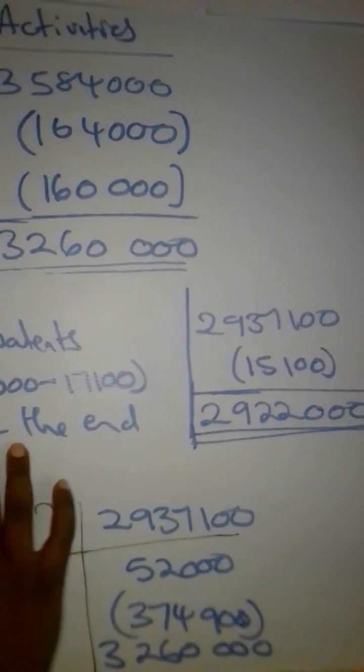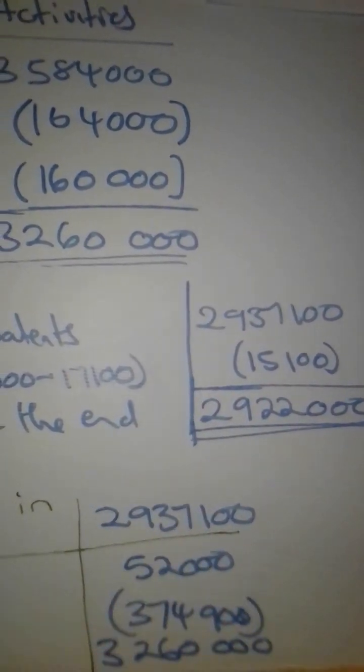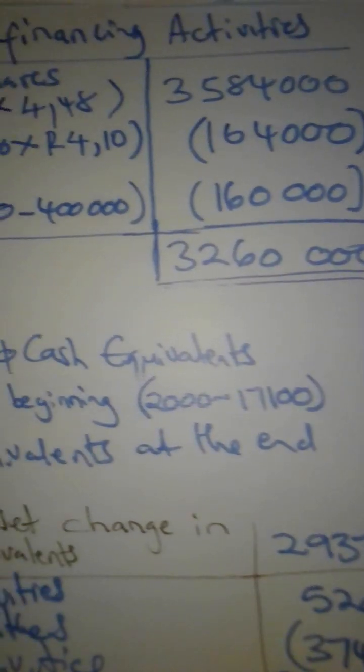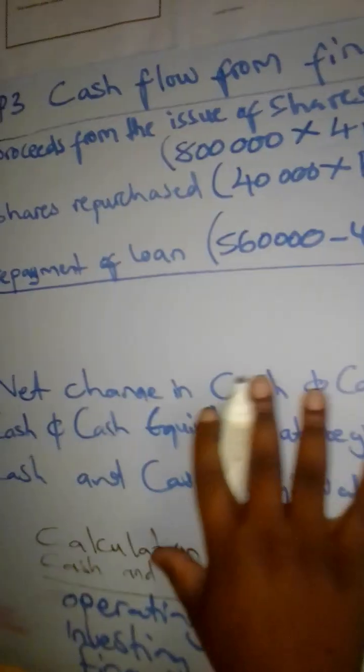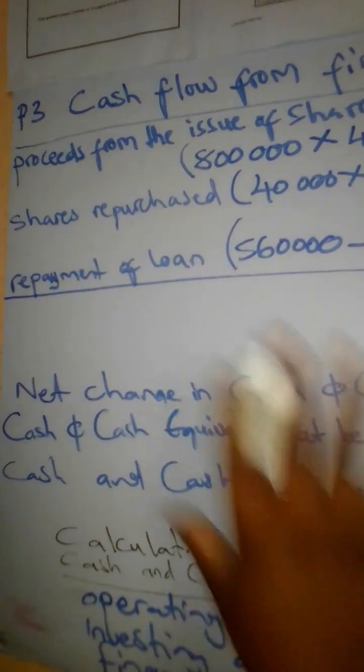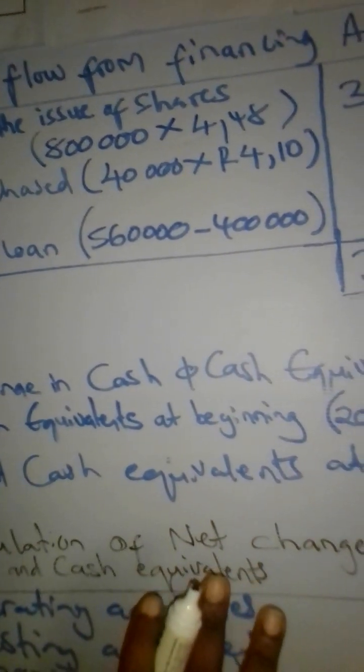These are our cash and cash equivalents at the end. So when you have done this part, your cash flow statement is done. It is complete. And if you follow all these steps, just like what I've done, you always get a correct cash flow statement. That is all for this question.